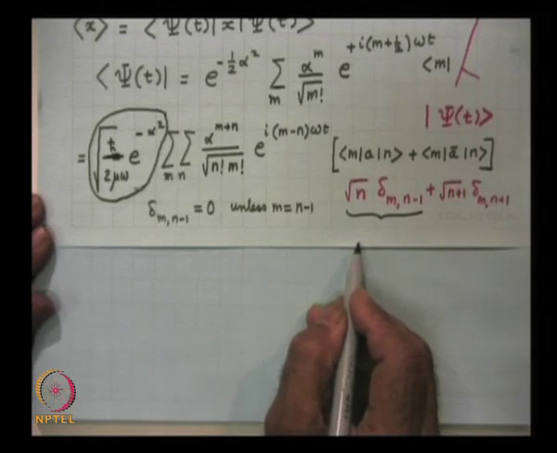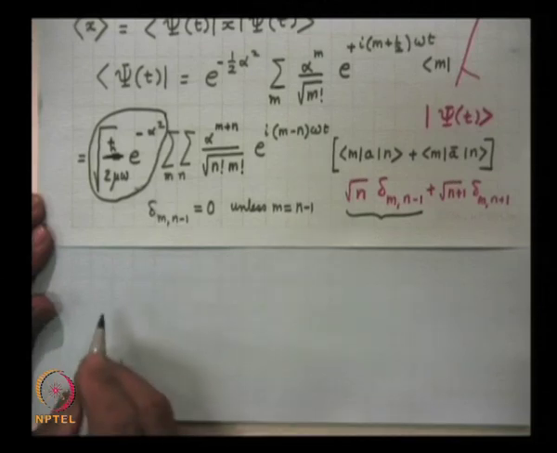So, the m equal to n minus 1 term will survive.